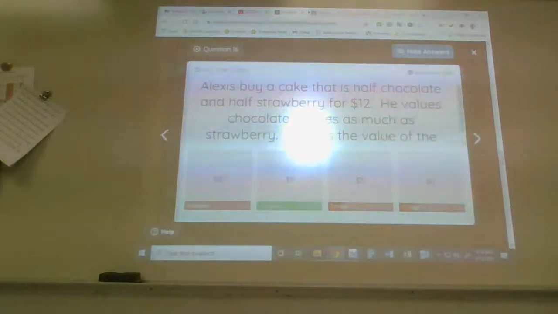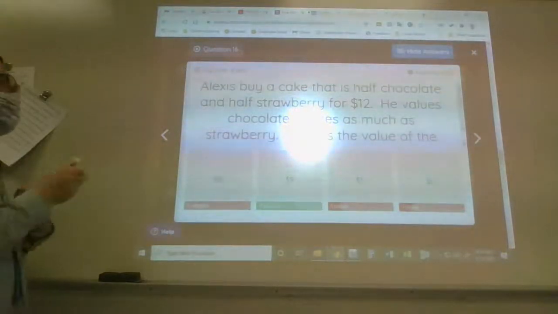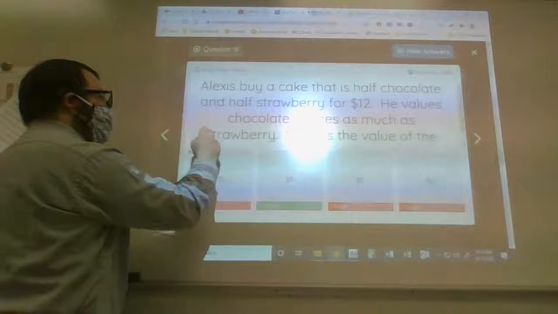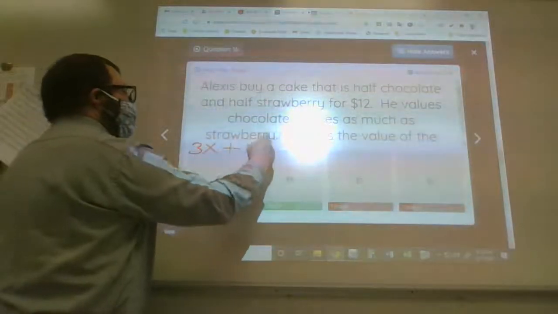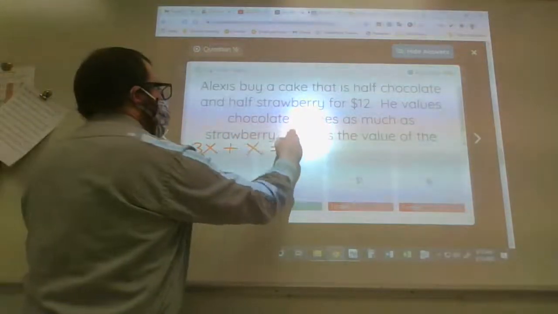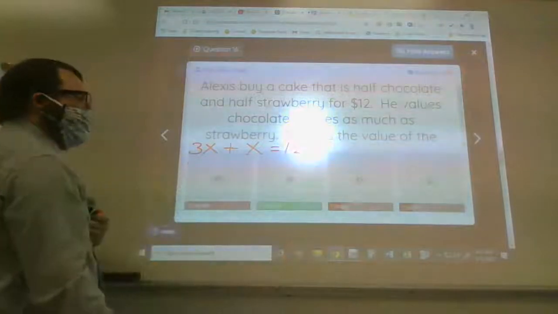If he values chocolate 3 times as much, in my mind the easiest way to think about this is by just creating a mini equation. He values chocolate 3 times as much as strawberry, and overall the cake was $12.